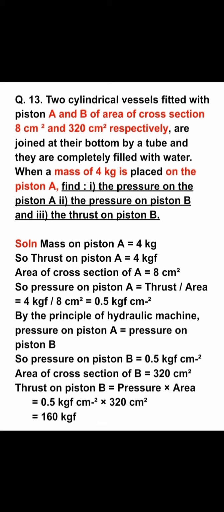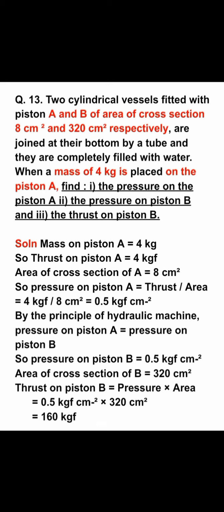Now area of cross section of A is given as 8 cm square. So to find the pressure on piston A, we will use the formula thrust by area, which equals 4 kgf by 8 cm square, so equals 0.5 kgf per centimeter square.